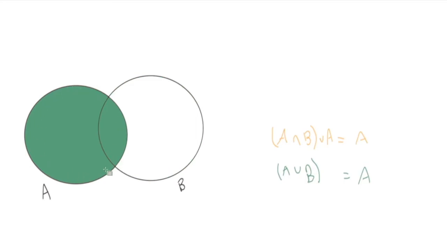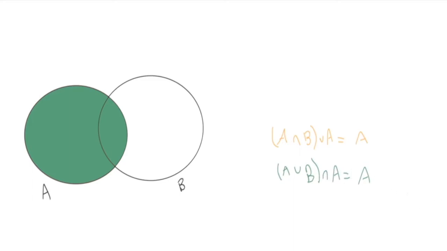All we did was take the overlapping region of that union with A, so we intersected it with A. So A union B intersected with A equals A.